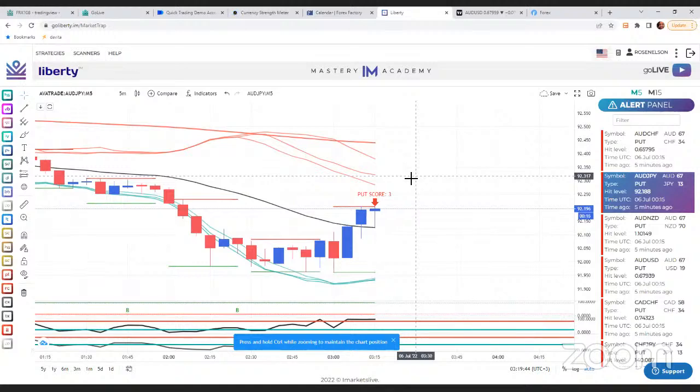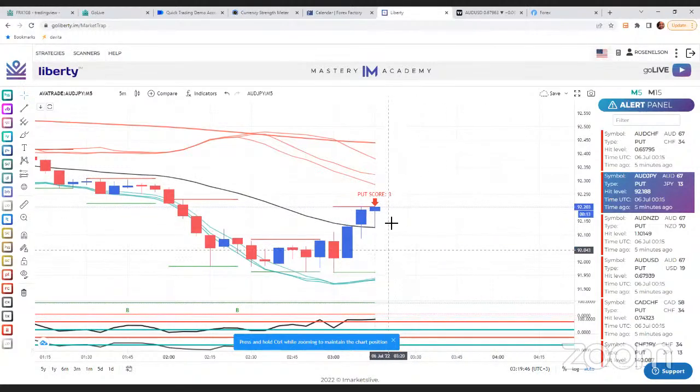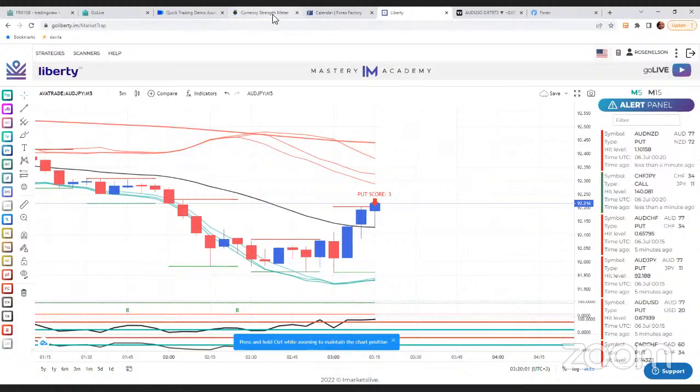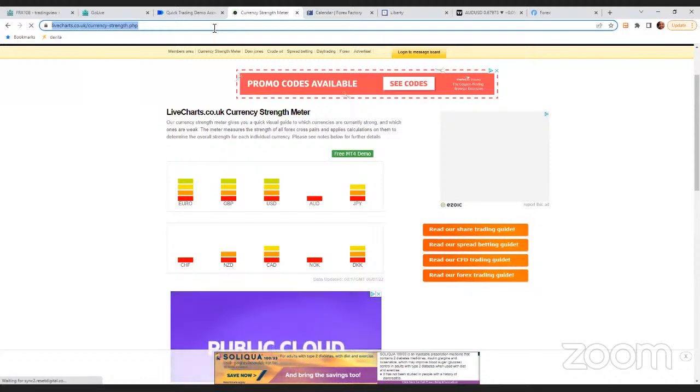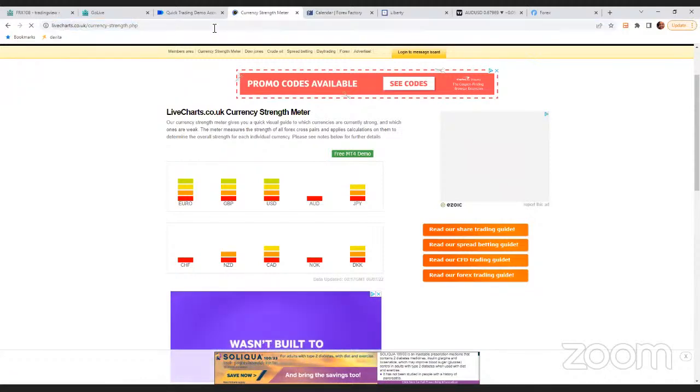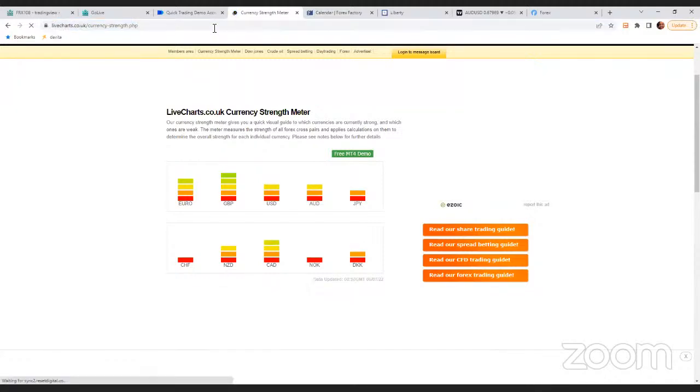You're saying right here, AUD JPY is a call. That's what its trend says, yeah, it's a buy. It's saying it's a buy, but when we come to the strength meter, let's just make sure. It's telling us it's a sell. Yes. So we can go ahead and do the sell.